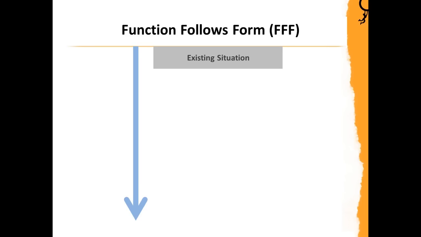So for those of you who are not familiar with the function follows form workflow, I'm going to quickly introduce it. Basically, the first 3 steps are absolutely technical. They require absolutely no creativity, but they are the groundwork. They're the condition for later being able to create that creative leap and generate some really fascinating ideas.